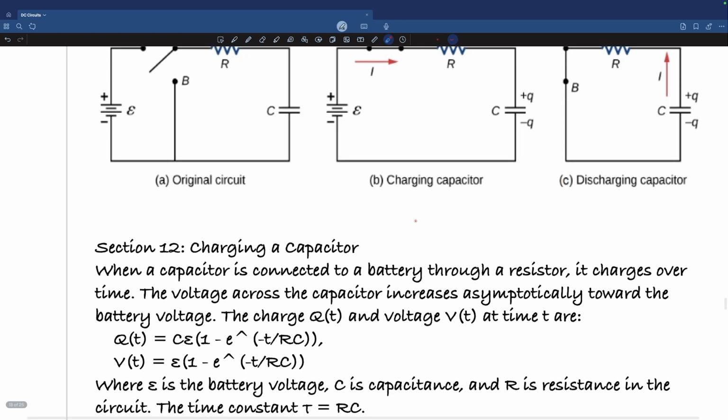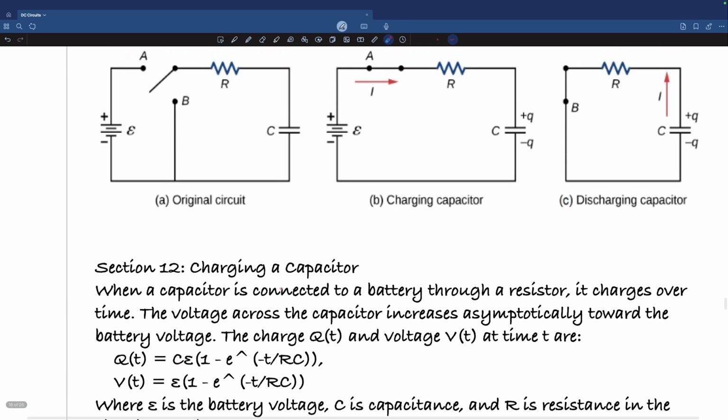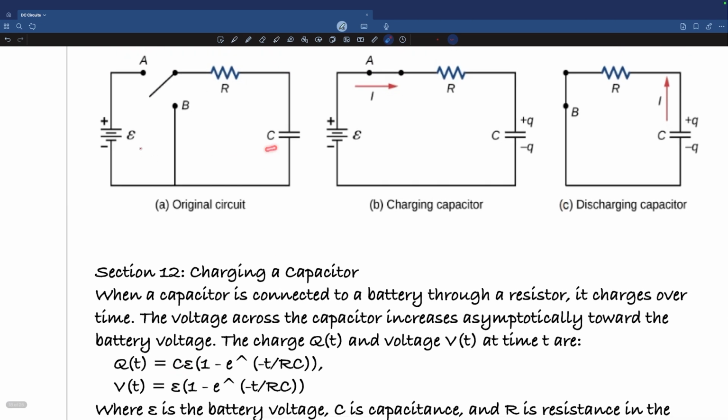When you charge it, the charge on the capacitor at any time t is given by C times E. Now C times E, you may remember, is the maximum charge, because from the chapter on capacitors, we know that Q is C times E. So that's the maximum charge on the capacitor. So CE times (1 minus e raised to minus t over RC). That's why it's an exponential one.